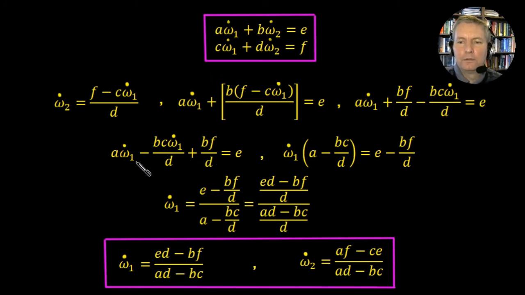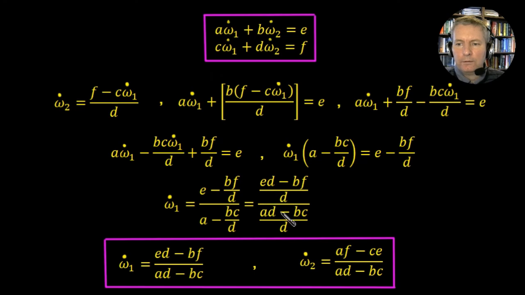And we'll take out the common factor of omega 1 dot, and that's going to give us our a minus bc upon d, and then we'll take this term here over the other side, so we'll get e minus bf upon d. So therefore we can say omega 1 dot, we can take this whole term down underneath, so we'll get this term divided by that term, and then we can take the common factor of d, so we'll get ed minus bf, and with the common factor of d you'll get ad minus bc upon d.